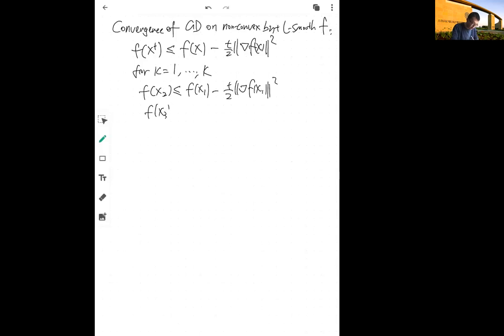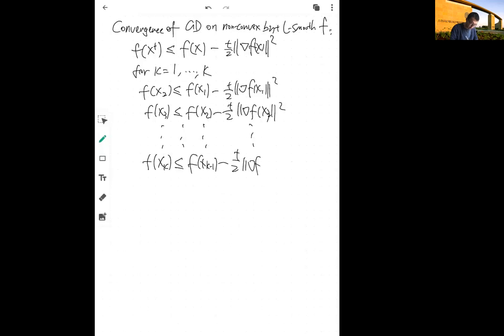Then f(x3) is smaller than f of x2 minus half t gradient of f(x2). And okay, so f of xk is smaller than f of x(k-1) minus, let's write one more, f(x(k+1)) is smaller than f of xk minus.